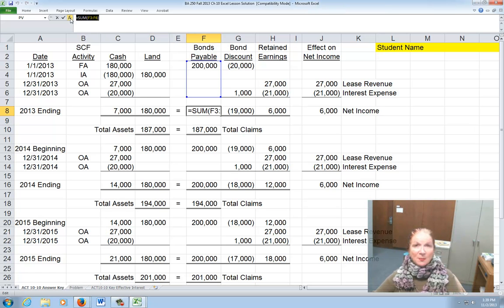Bonds payable, it's doing the sum function, summing that F column, and that's what's lighting up for us. The discount on bonds, same thing. We're summing the discount on the bonds, and that area is lighting up for us. The retained earnings is summing the retained earnings in the H column.